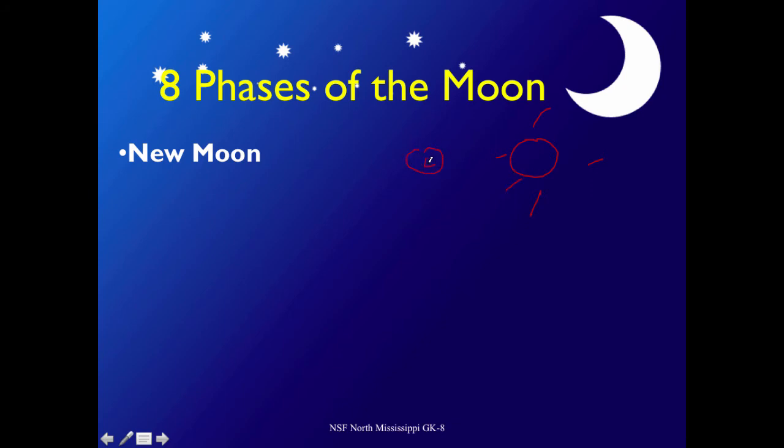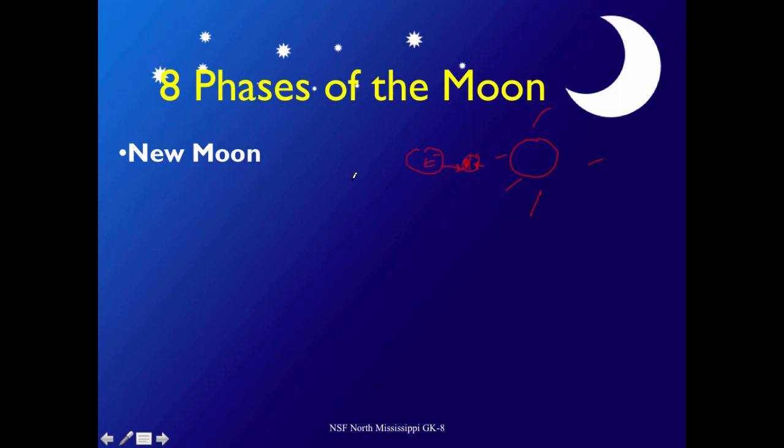That's the earth. Well, when the moon is right there between the sun and the earth, that's when you see a new moon. Because if you remember, this side of the moon is lit up and this side of the moon is dark. So from Earth, we're seeing a completely dark moon.